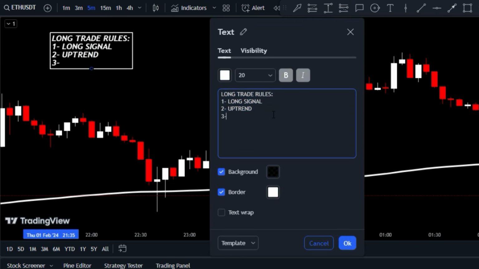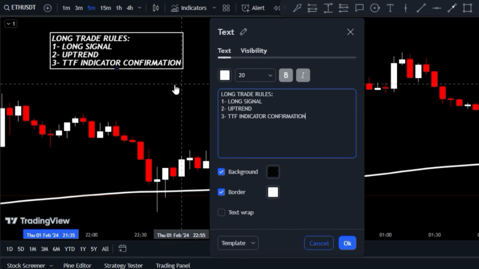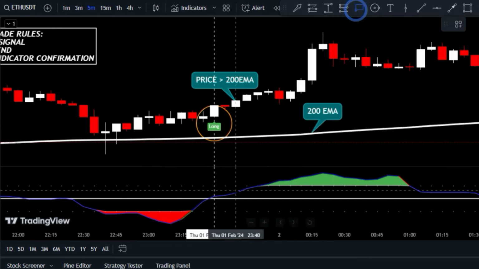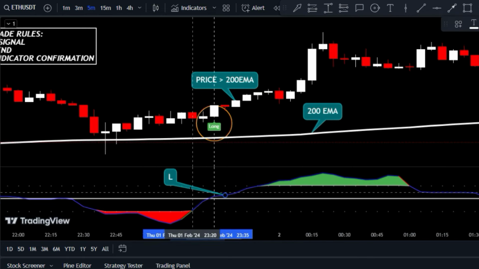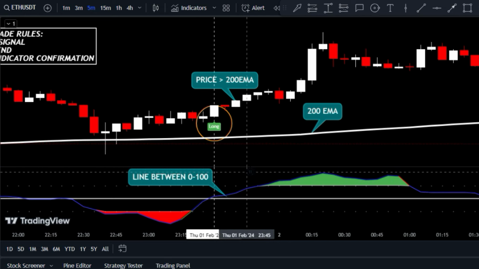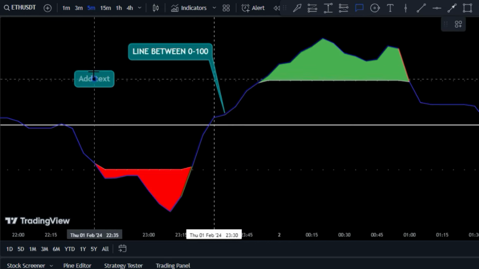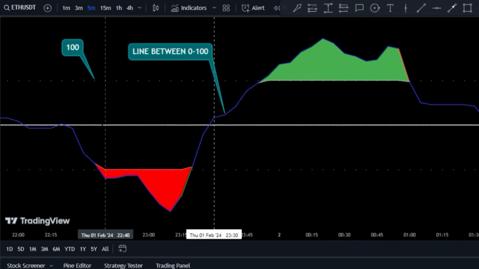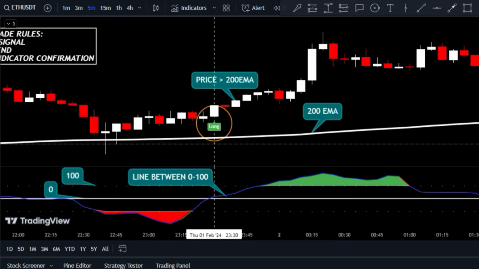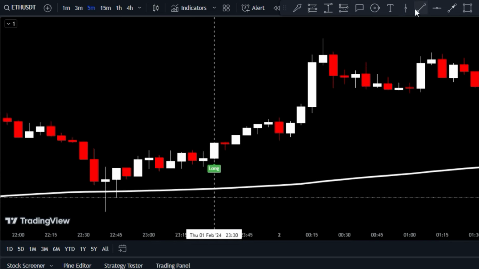For final confirmation, you should check the TTF indicator. Now, we can consider long positions as confirmed if the TTF indicator is in the area between level 0 and level 100. If the TTF indicator line is above or below this area, the signal is not confirmed. So, if all these conditions are met, you can now enter a long trade.